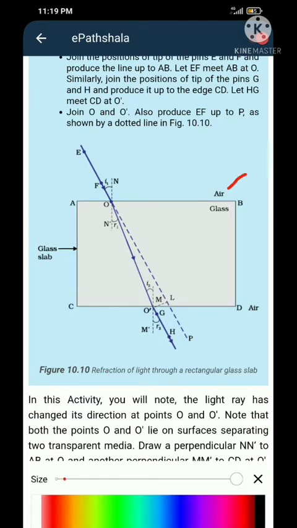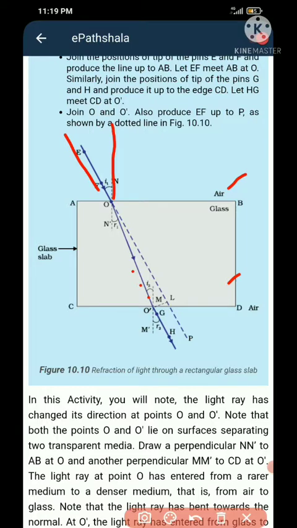So this is air, this is glass, and when light enters from here, this is the normal, it does not go along the dotted line. Since light goes from a rarer medium to a denser medium, it changes its path and bends inward. After it comes out, the emergent ray follows the same path, so it once again bends out. This happens due to refraction of light through a rectangular glass slab.